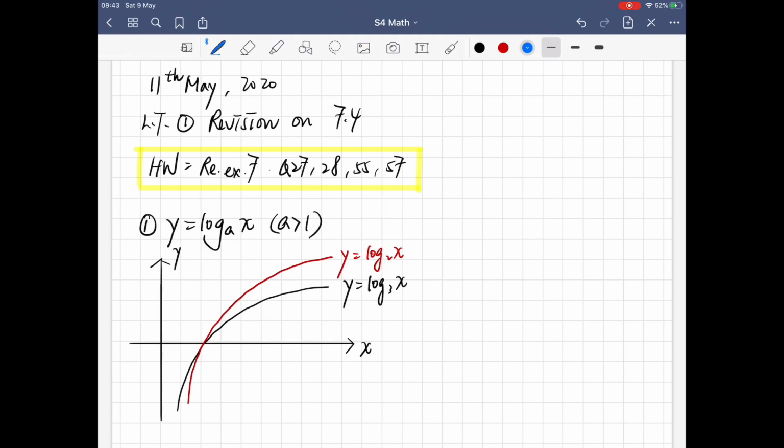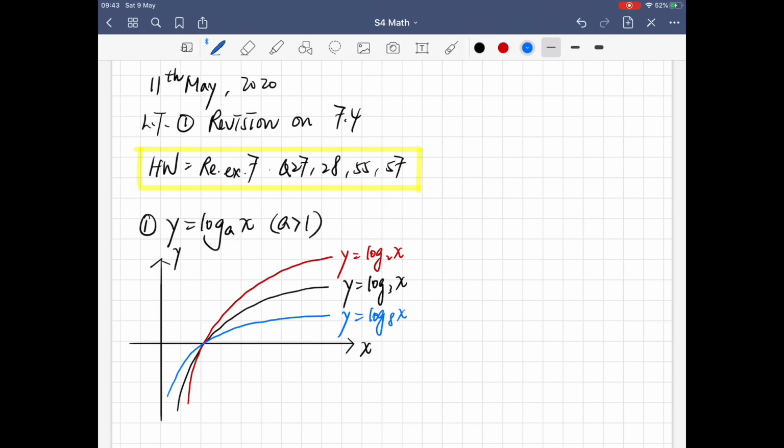Then I can change the base into a larger value, let's say 8. This time the graph becomes flatter, like this, and it is y equals log x with base 8.